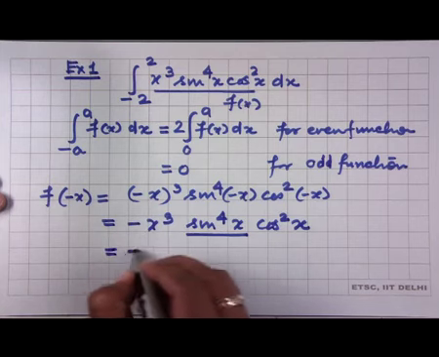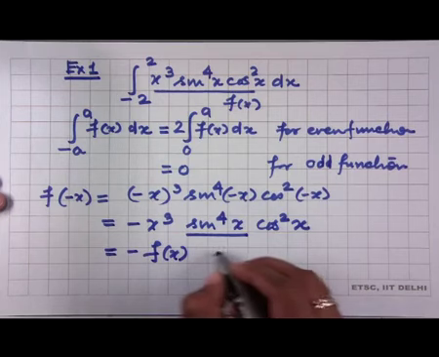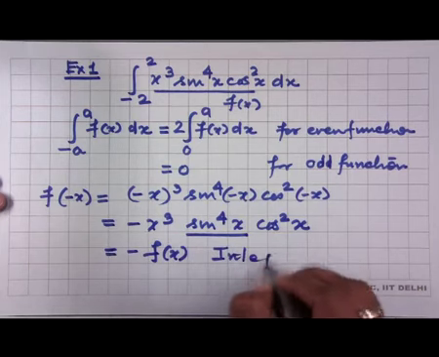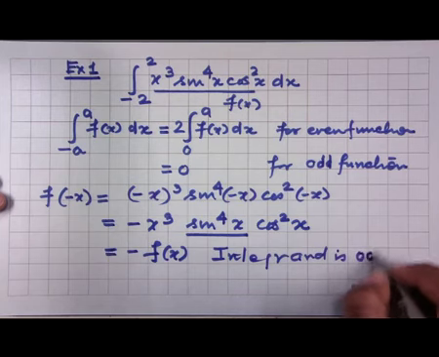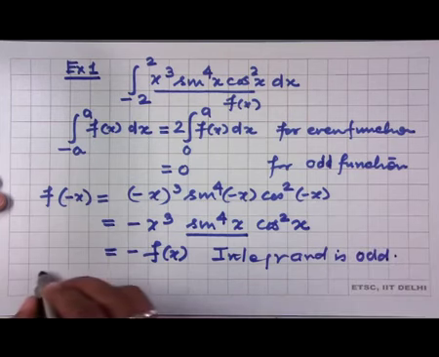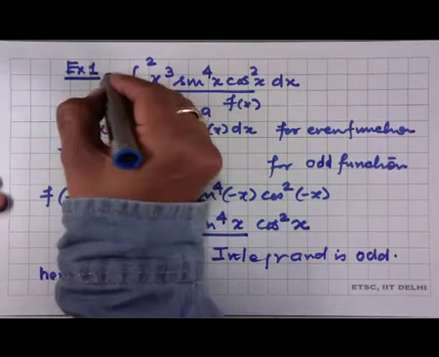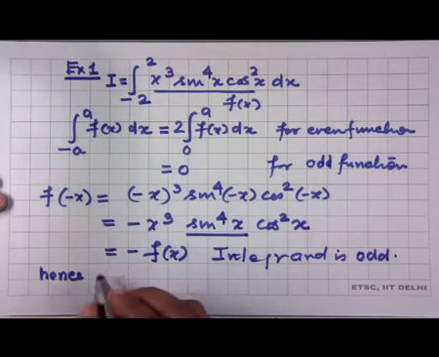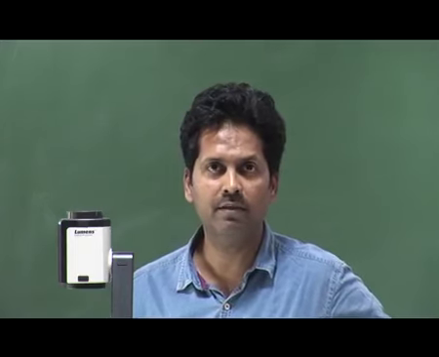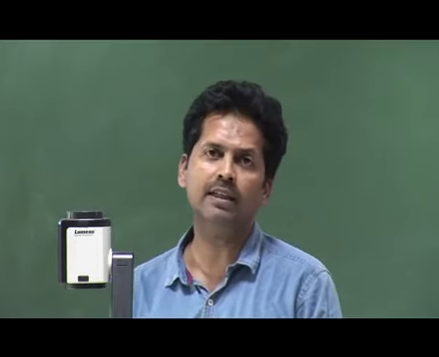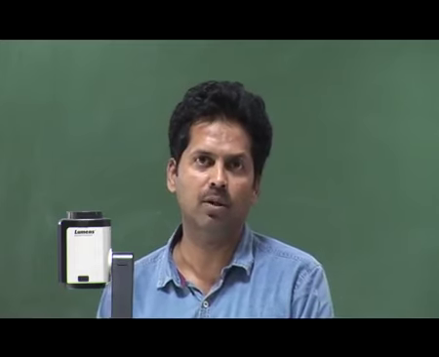Therefore we are getting that f of minus x is minus f(x). So the integrand is an odd function, hence the value of the integral, say it is I, will be 0. You can see that by using the properties of definite integrals you can very easily find the value to be 0 of a very complicated problem.